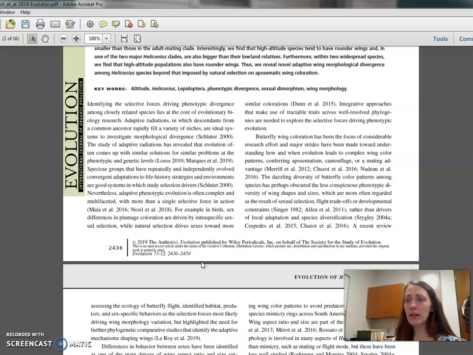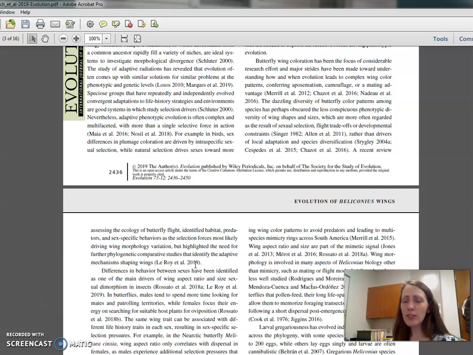Okay, so you're reading the introduction. As you're reading the introduction, I want you to identify what is the big question. Now, not what is the specific experimental question, but what is the big context? What larger evolutionary question is this study concerned with?